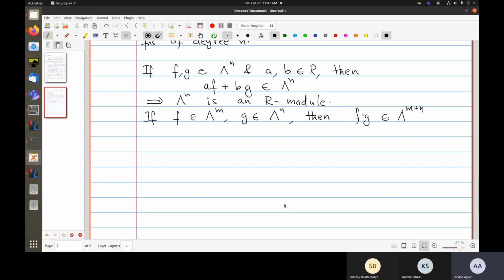So if we write lambda r as lambda 0 r direct sum lambda 1 r direct sum lambda 2 r direct sum etc.